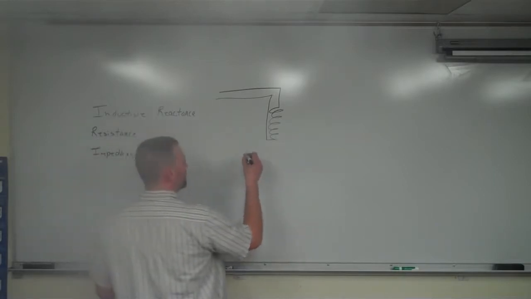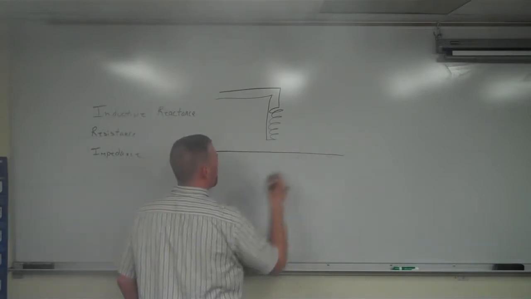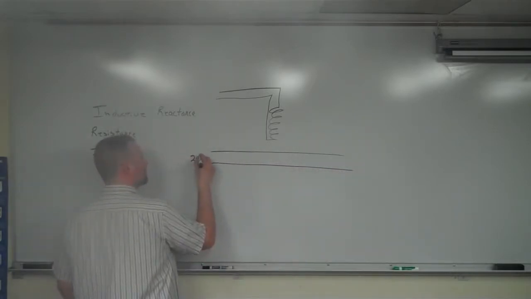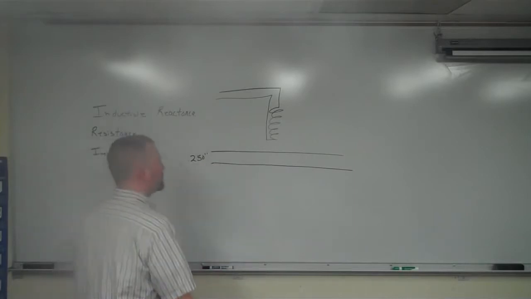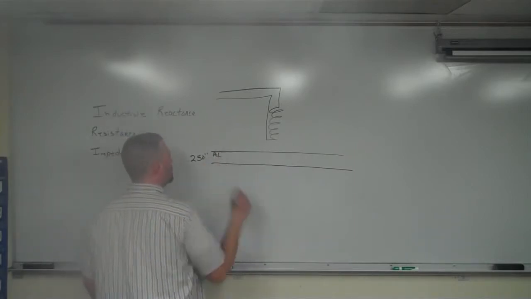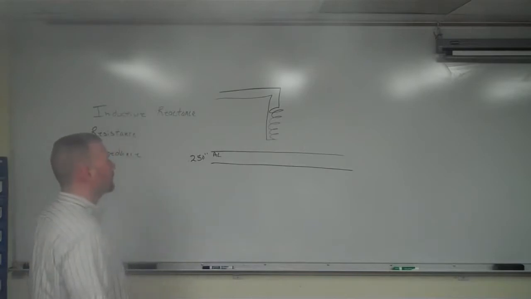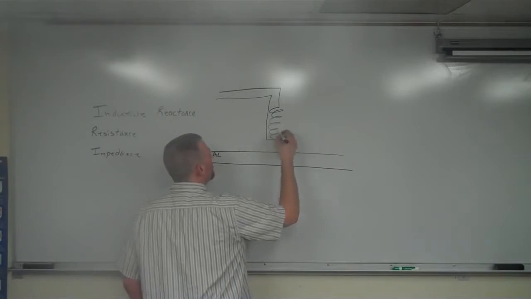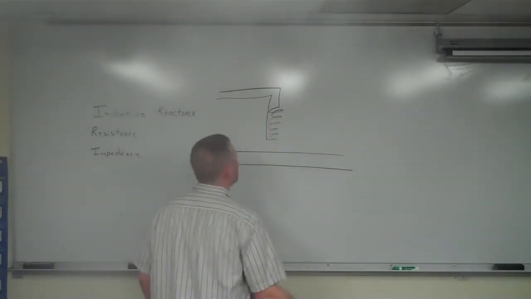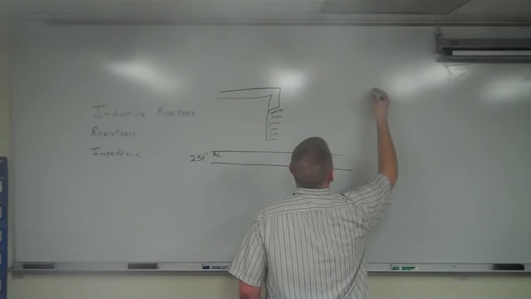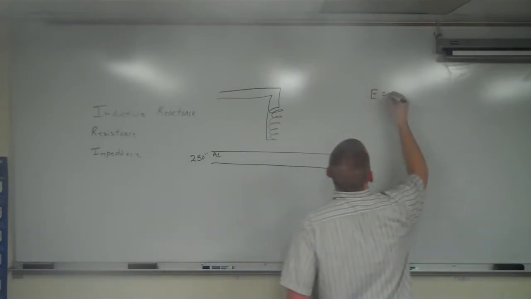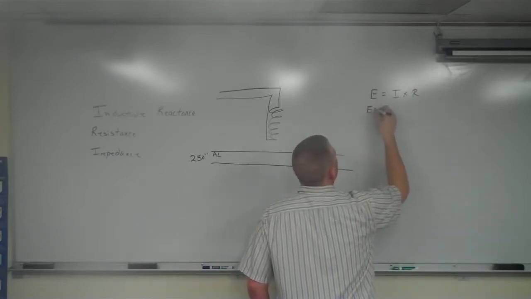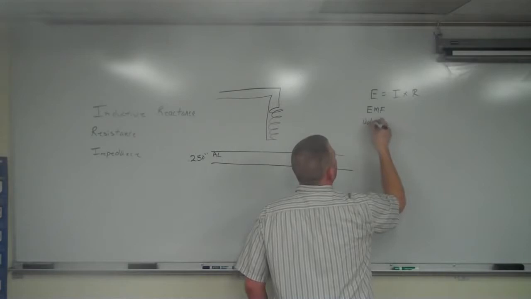Let's take a look at first, if we've got just a part of something here, let's say that's 1/4 inch thick, let's just call it aluminum. Aluminum's pretty common. That's a thick piece of aluminum, especially if you're going to deal with aircraft. Inside of this thing there's current flowing. We know that because we've been through Ohm's law, E equals I times R. E is electromotive force, measured in volts.